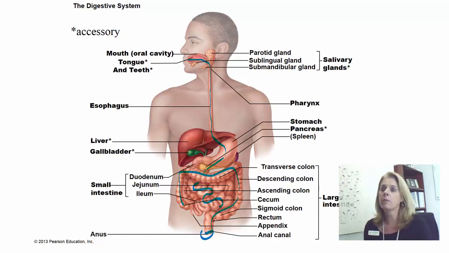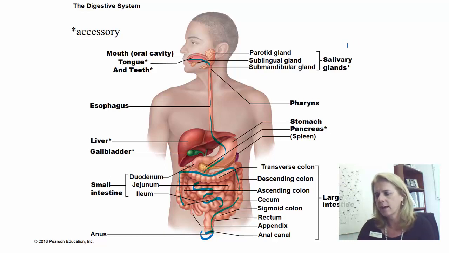They provide something, many times an enzyme that allows for breakdown of nutrients, like the salivary glands and the gallbladder and the pancreas and the liver. These all provide something to aid in digestion or to aid in dissolving those nutrients. Okay, and we'll have another lab or another video that's just on the lab and identifying these structures.